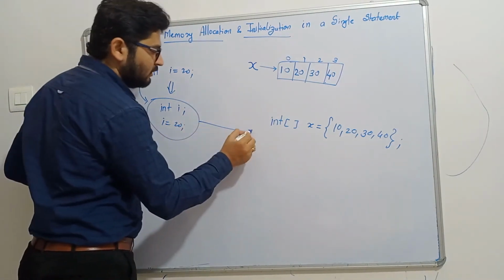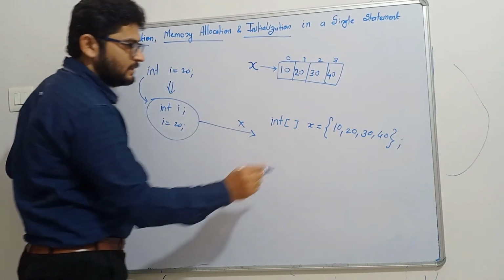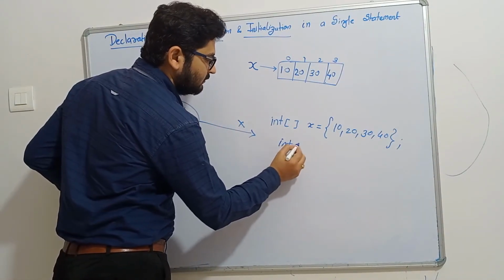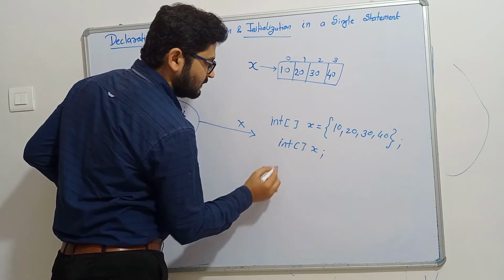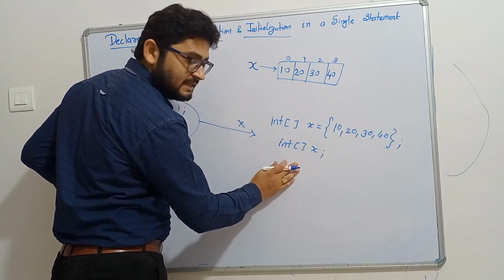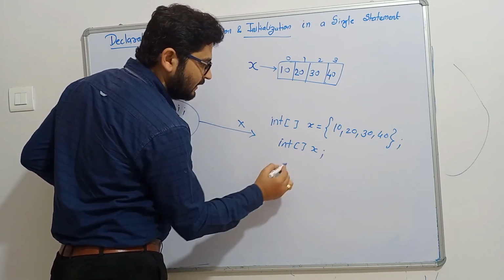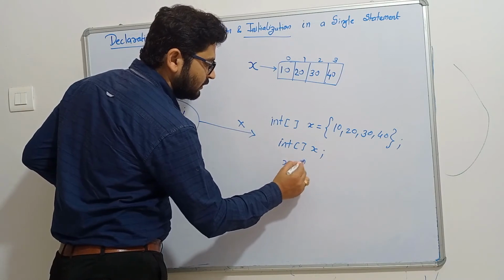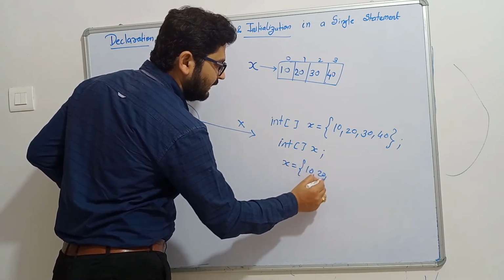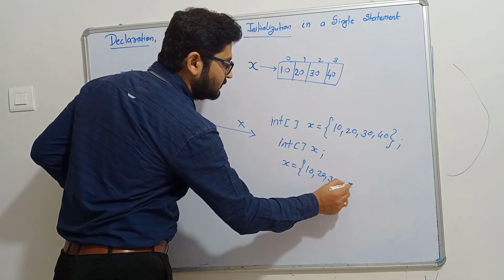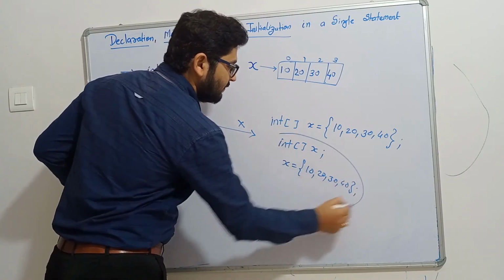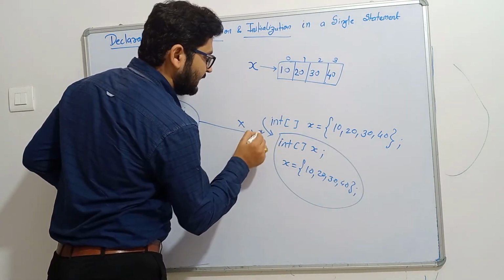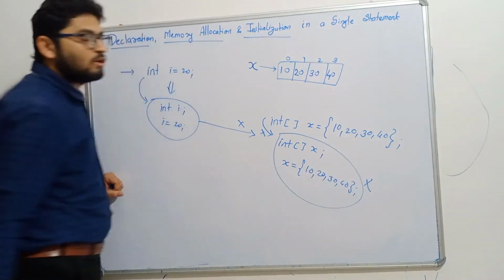But the same is not allowed over here. Okay, so you cannot break this statement like this. So int x is there, one dimensional array, and x is equal to 10, 20, 30, 40. So you cannot break this statement like this. So this is not at all allowed.